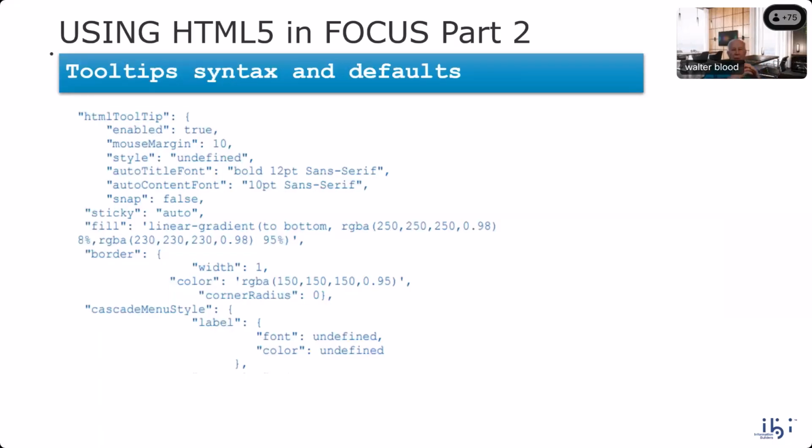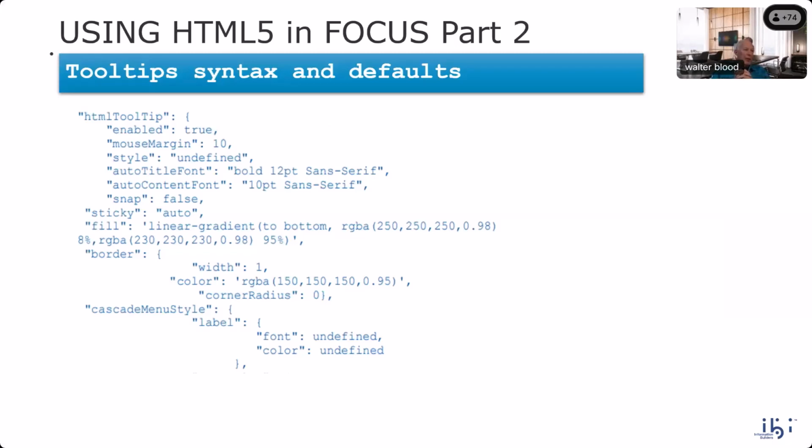Initially, I want to talk about tooltips. Those fun little things that pop up data when you're in a graph and you hover over the bar or the bubble, and all of a sudden something pops up. You have a lot of control over that, a lot more than you probably realize.